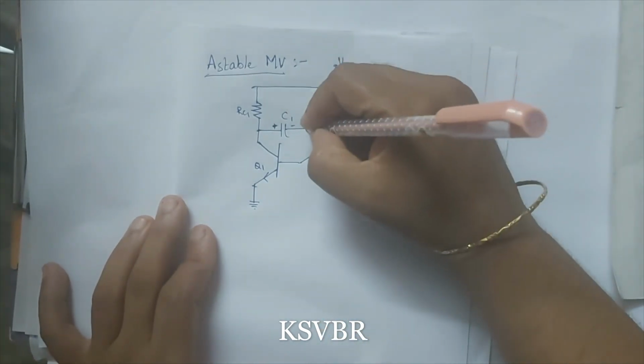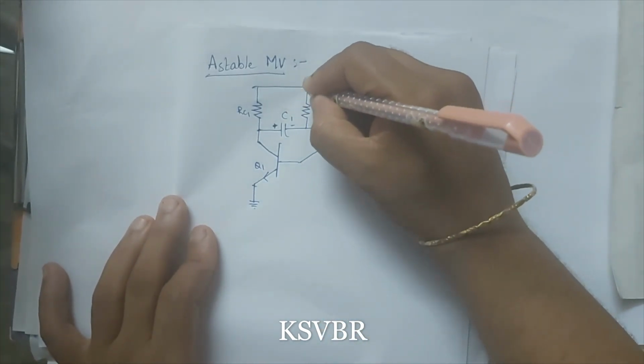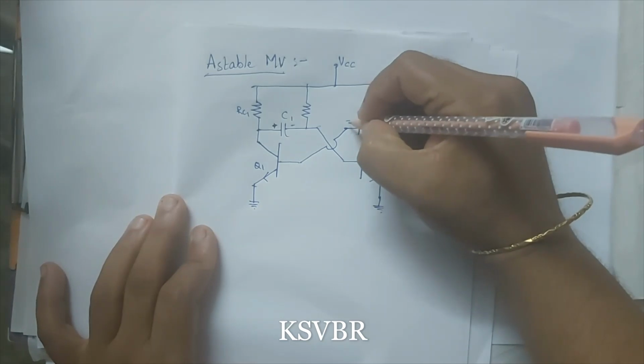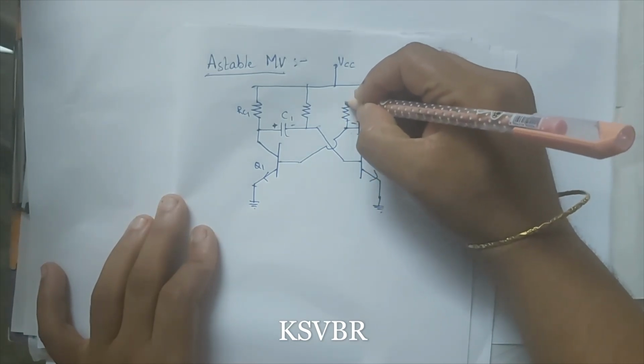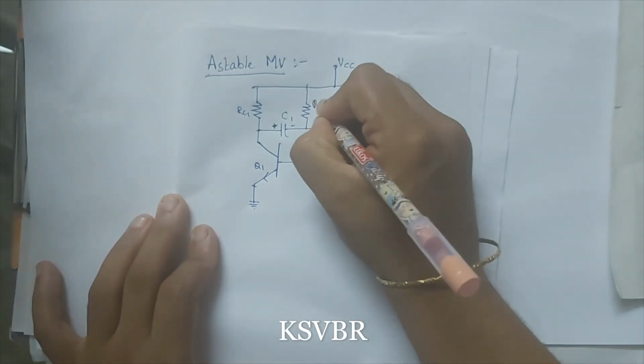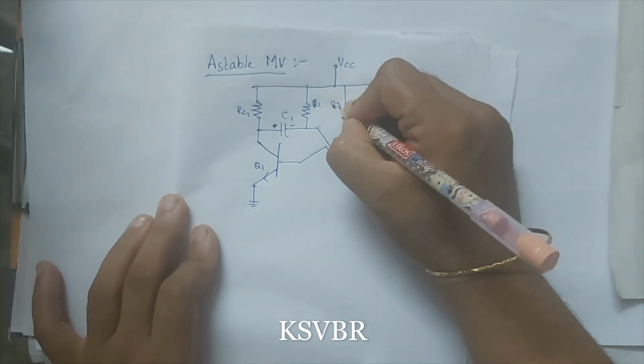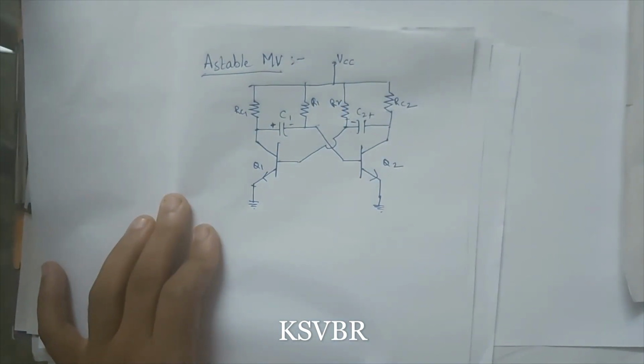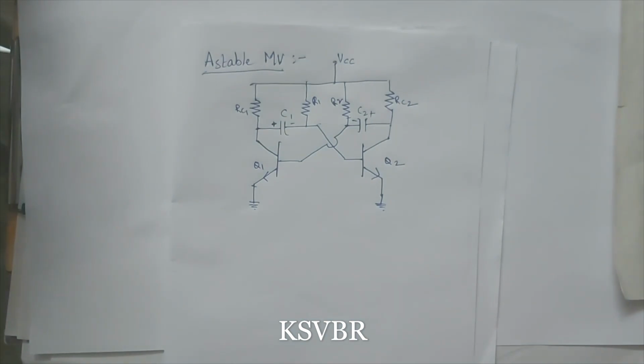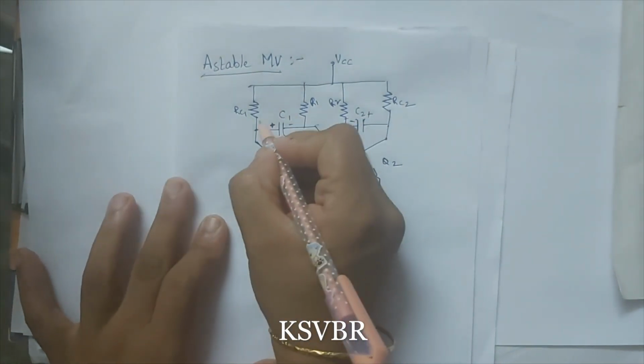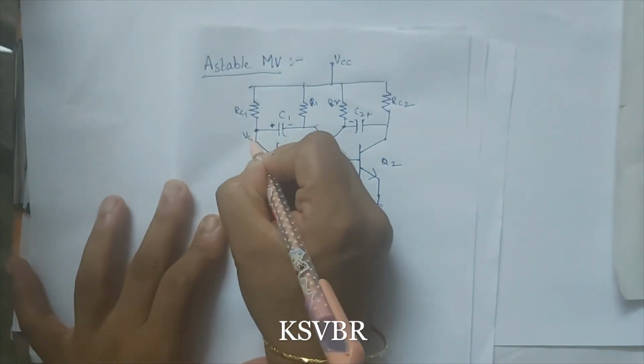In order to provide stability, we are taking two resistances, R1 and R2. This is the circuit diagram of the astable multivibrator.